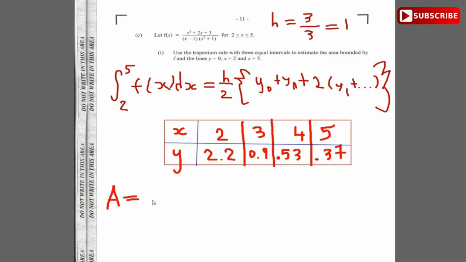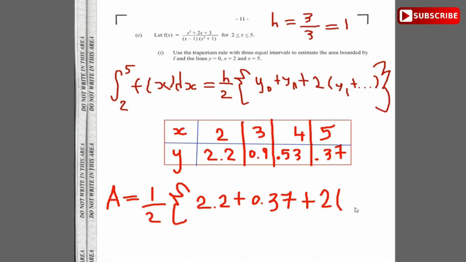And so using trapezium rule to evaluate the area is going to be equal to h over 2. H is 1, so it's 1 over 2 into y naught, the first y value of 2.2, plus yn, which is plus 0.37, plus 2 times 0.9 plus 0.53. So when I work this out, that will give me the area.